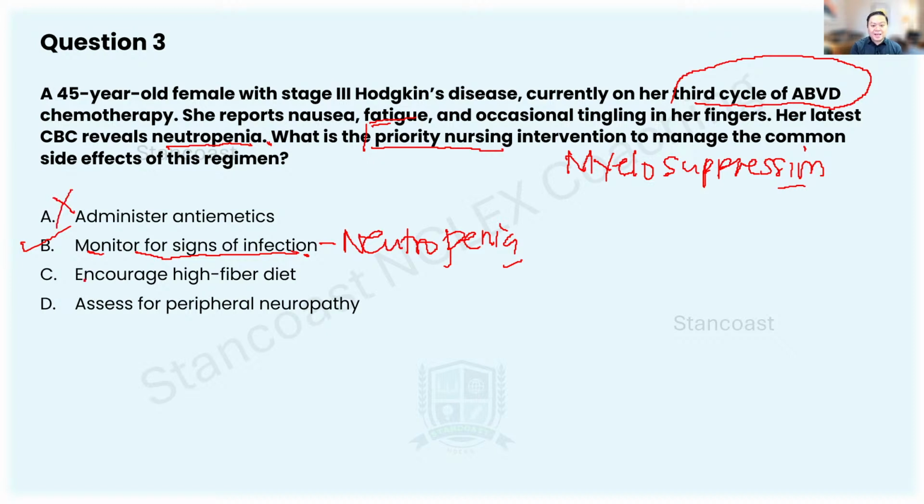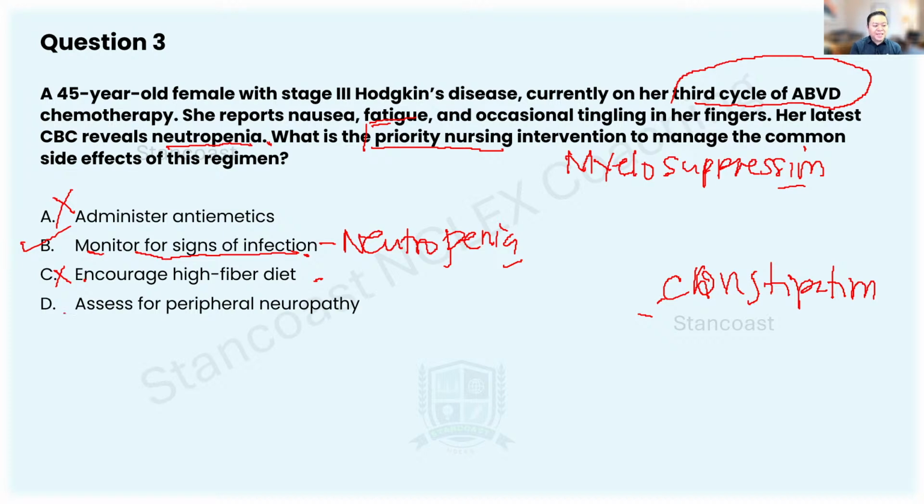We know that a common side effect of the chemotherapeutic agent is constipation. And part of our nursing care is to increase fiber. But is this going to be as critical compared to letter B? No, it isn't. All right. So we can deal with this after we have dealt with the patient's possible infection.